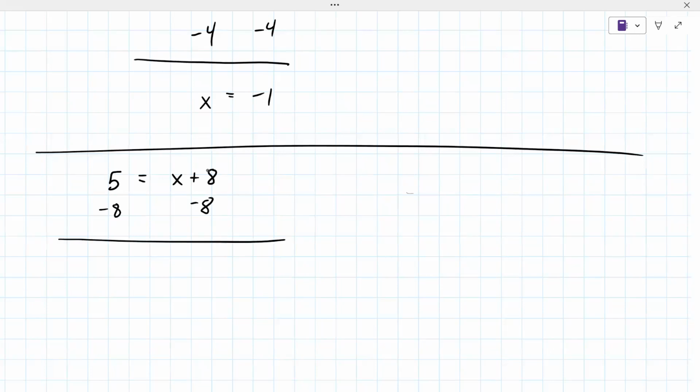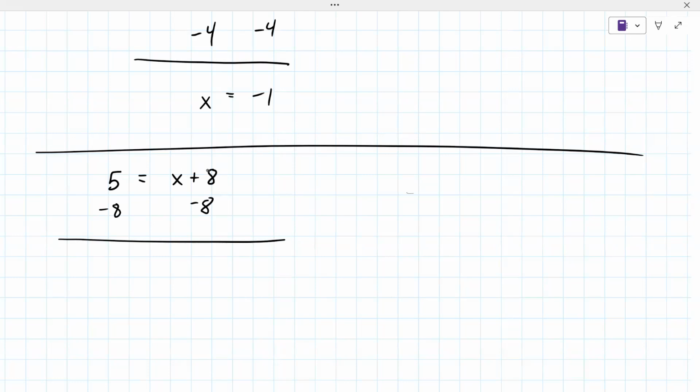All right, what is 5 minus 8? It is not 3. Minus what? What's the final answer? 5 minus 8. Is it same sign or opposite sign? Opposite sign.